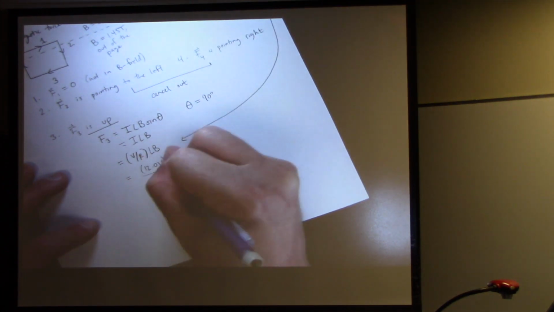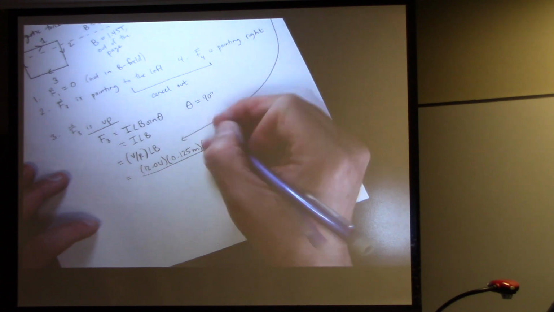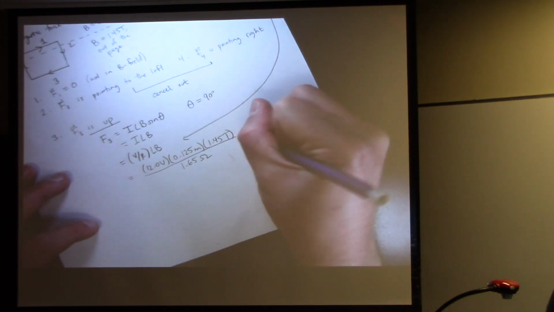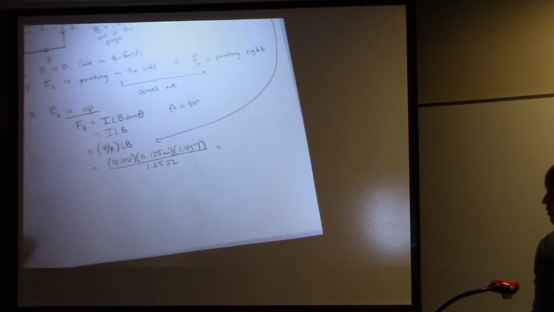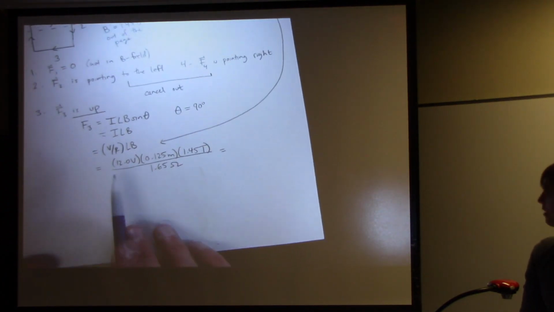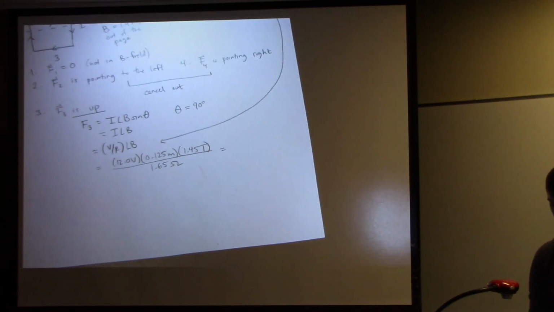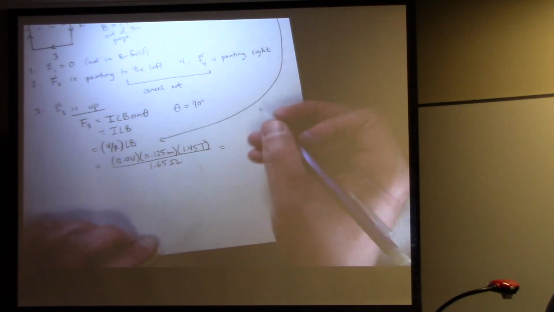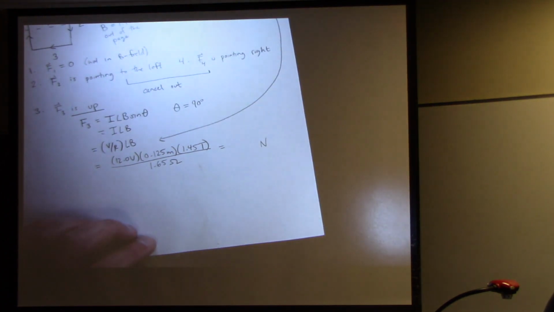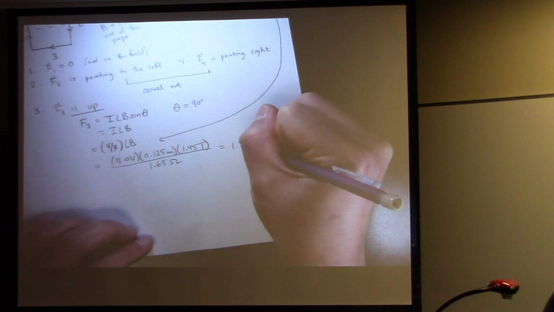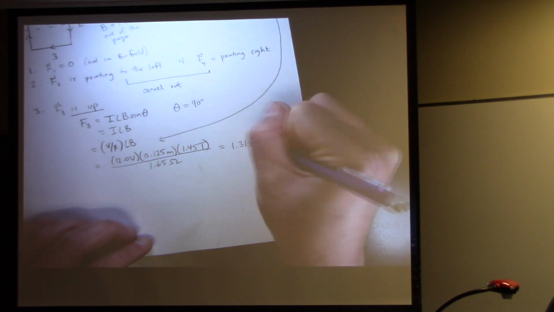And the last thing we're going to do is divide by the resistance, which is 1.65 ohms. I don't want to get into the unit analysis right now, but basically everything is in SI units going into the calculation. What should come out of that calculation is the SI unit of newtons. And if you do the calculation, you get 1.318 newtons.